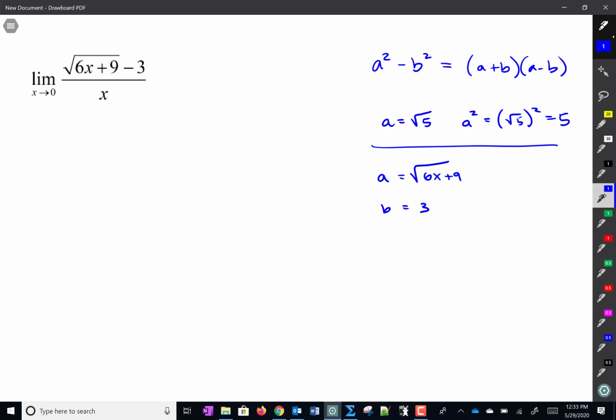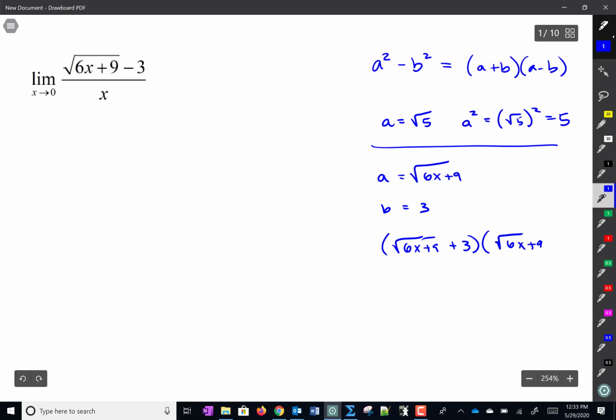So in order to set up the difference of squares, I have to set up a plus b times a minus b, which is why we always set up these problems using conjugate pairs.